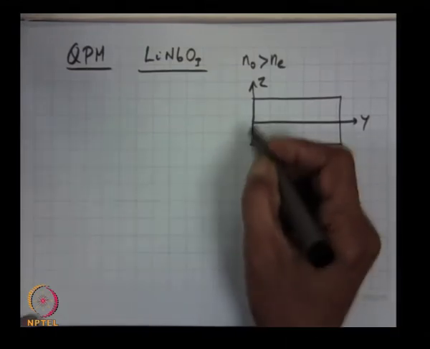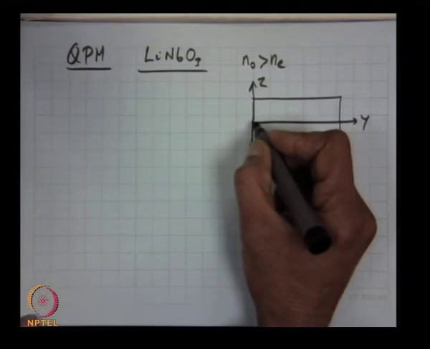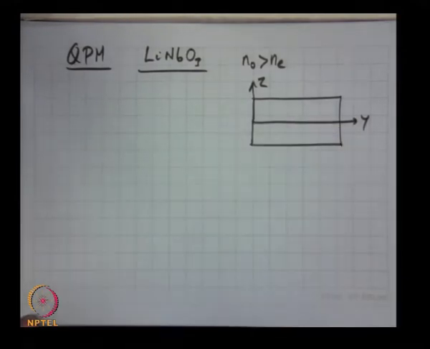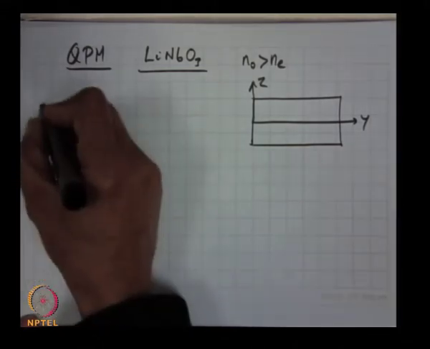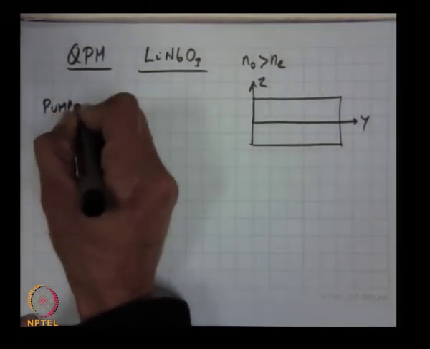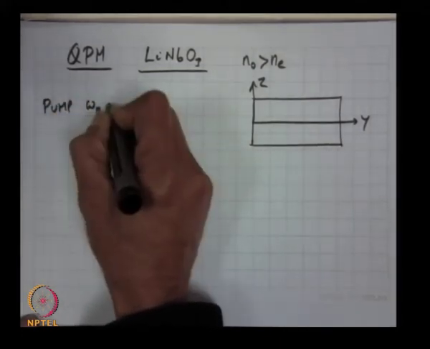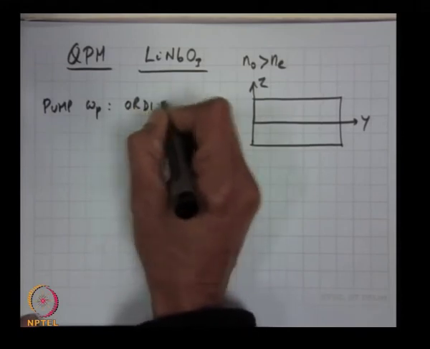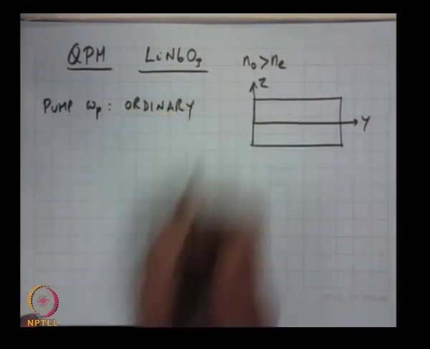Now, I launch a pump as an ordinary wave. So what is the polarization state at the input? The pump is omega p and this is ordinary. What is the polarization state?